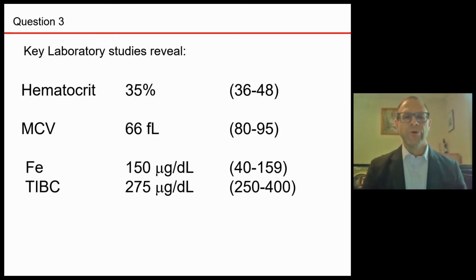The key laboratory studies here are the very mild anemia. I mean, that hematocrit of 35% is essentially normal, and yet the MCV is profoundly low, while the iron studies that we have are in the normal range. This combination suggests that this person does not have iron deficiency, but has a hemoglobinopathy.